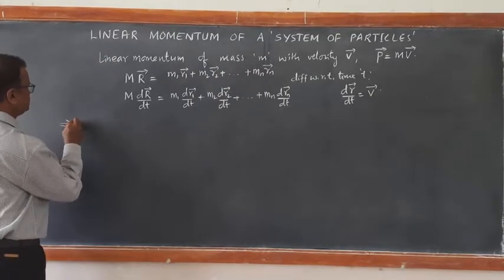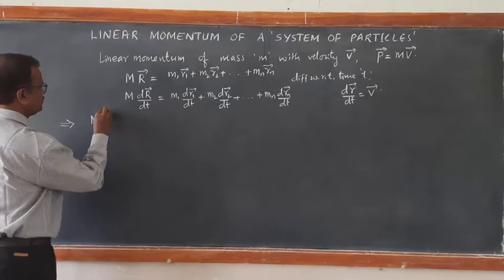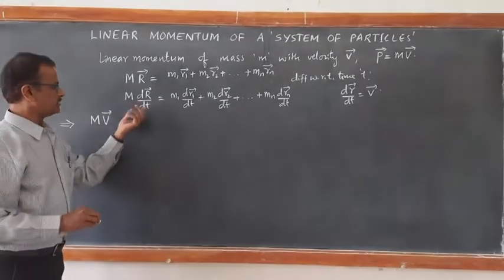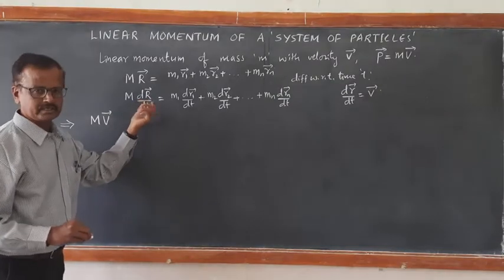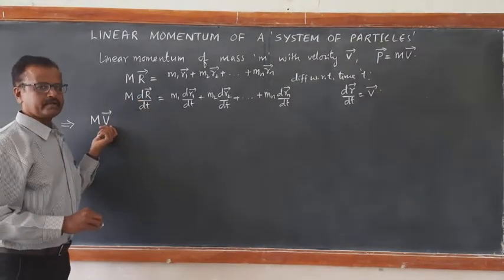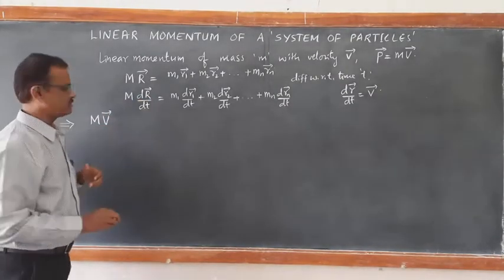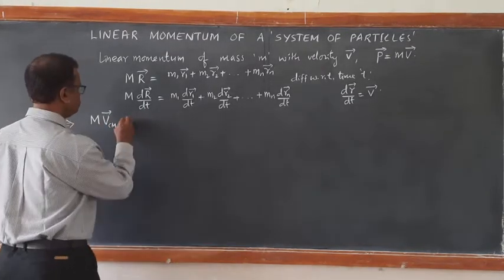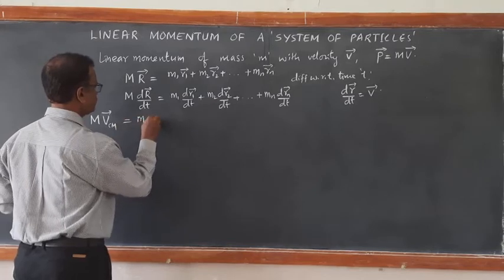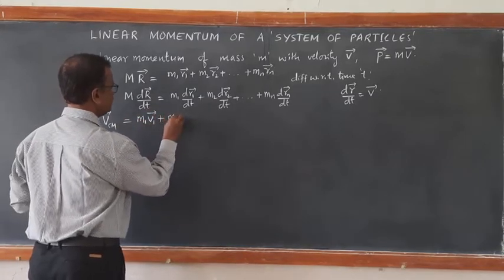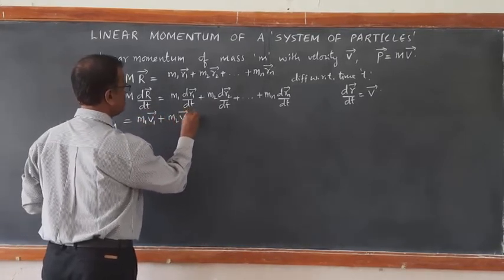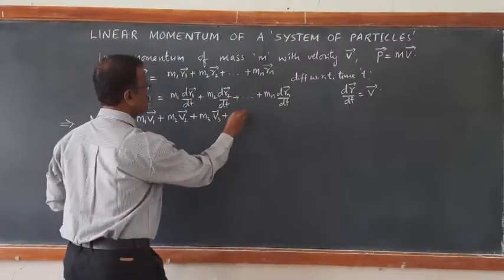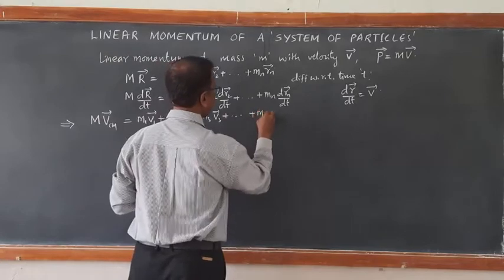This implies m into V, where capital V vector represents the velocity of the center of mass and r is the position vector of the center of mass. You can write m VCM equal to m1 v1 vector plus m2 v2 vector plus m3 v3 vector and so on up to mn vn vector.